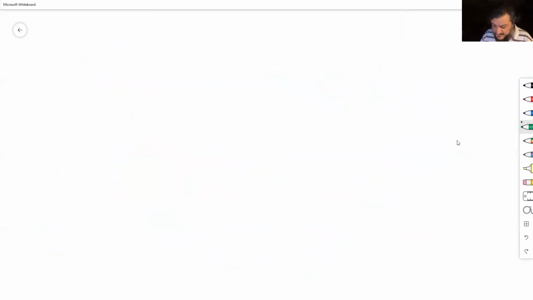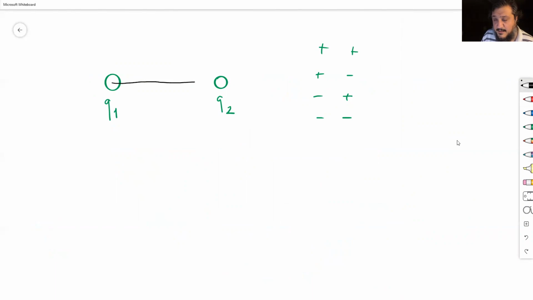Let's say you have two charges. I'm going to call them Q1 and Q2. These could be positive-positive, positive-negative, negative-positive, or negative-negative. It doesn't matter. Any two charges which are separated by a distance r. This just looks like gravity, if you remember that from Physics 1.